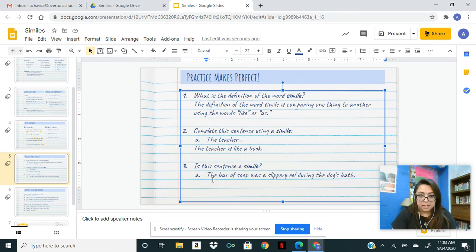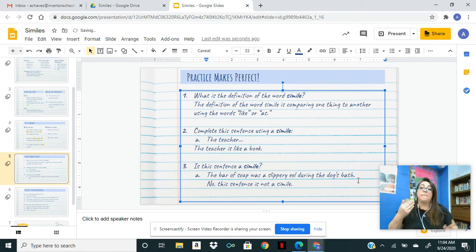Now I'm going to read the sentence again and look for those words. The bar of soap was a slippery eel during the dog's bath. I'm not seeing like or as, and therefore it is not a simile. So I'm going to say no, comma, don't forget punctuation and correct capitalization. This sentence is not a simile.